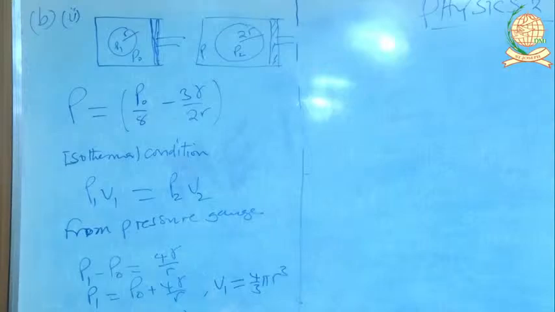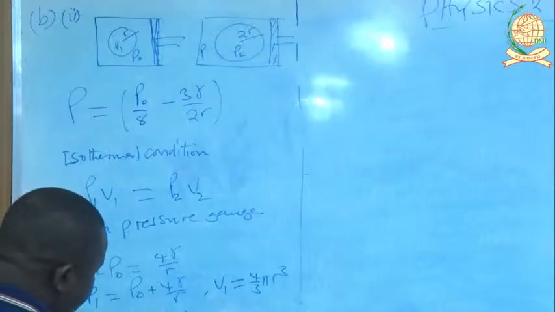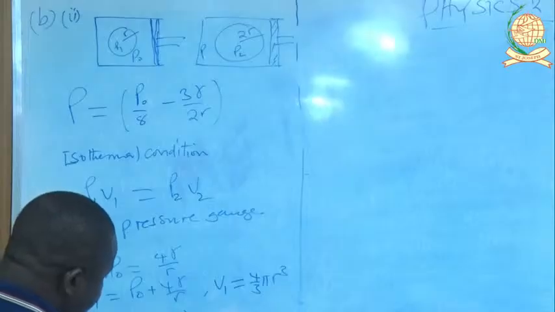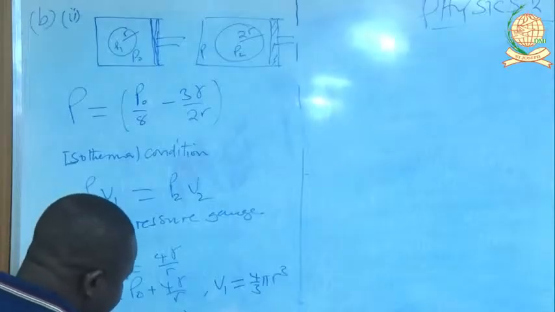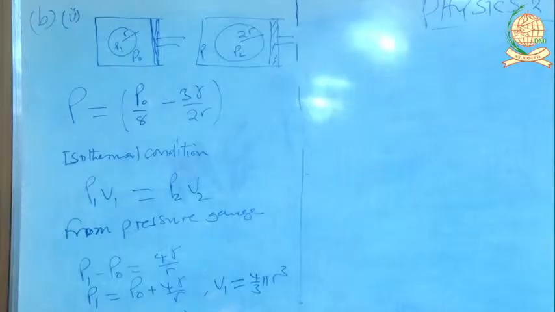Now substituting these values in the first equation, P1, which is equal to P0 plus 4 gamma over R, times its volume, 4 over 3 pi R cubed, equals bracket P plus 2 gamma over R, then 4 over 3 pi (2R) cubed.